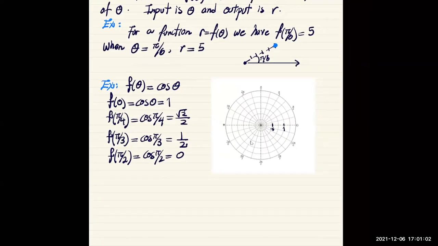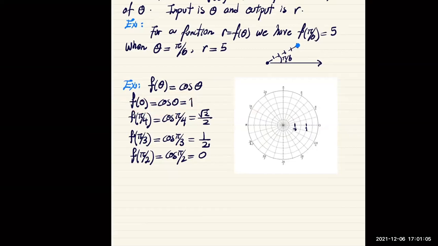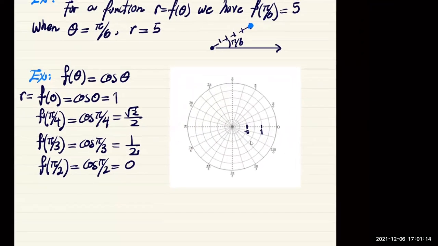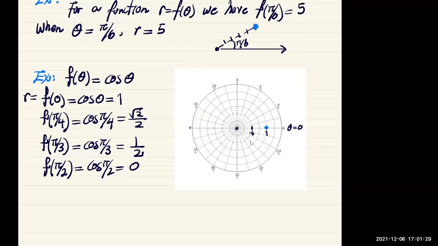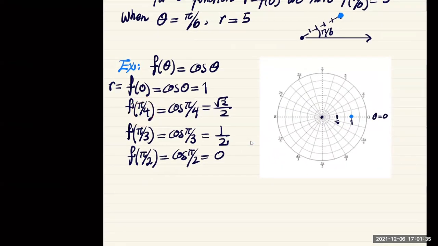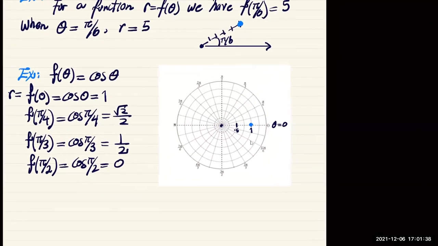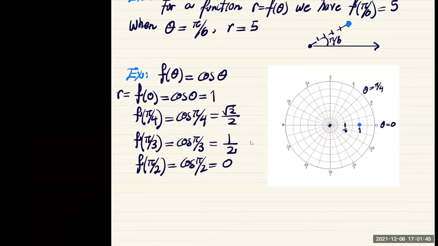So this tells you when theta is 0, r is 1. Remember that these are r values. This is the angle 0, and at that location r is equal to 1. So you go 1 unit away in that direction from the pole. Here's the pole. This point is going to be on our polar graph. This tells you when theta is pi over 4, r is going to be root 2 over 2.